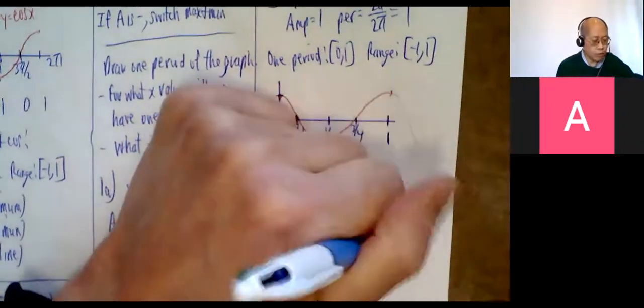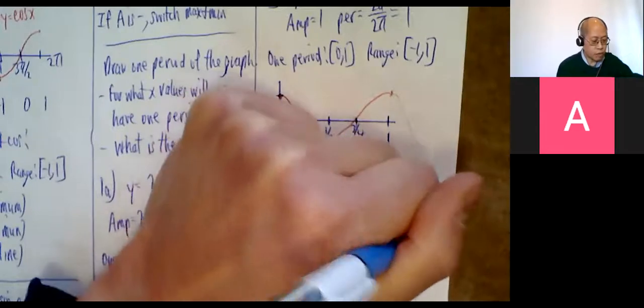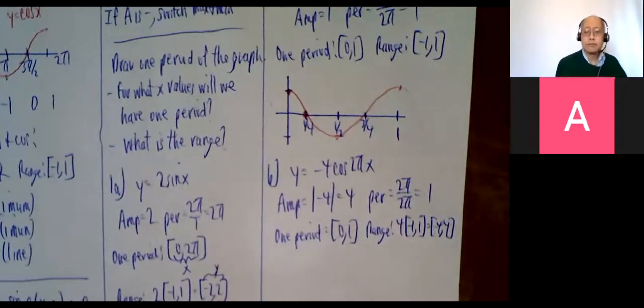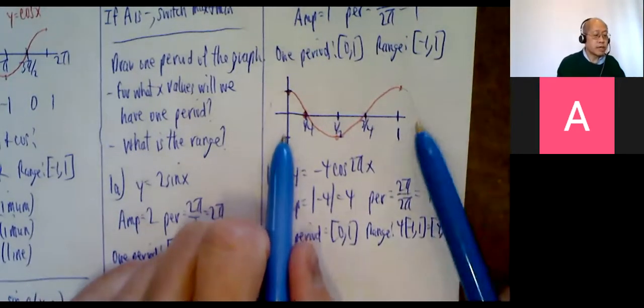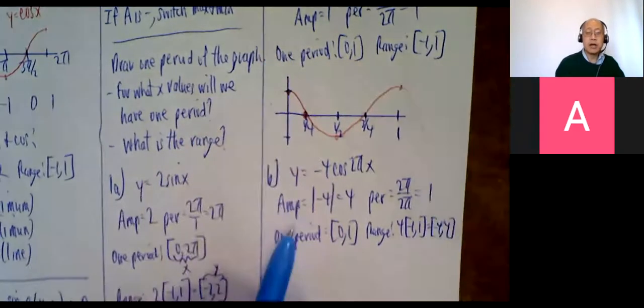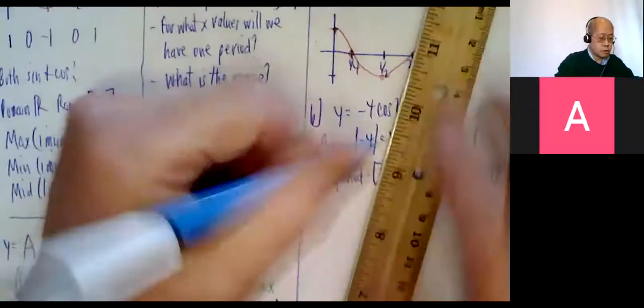I multiply it by 4. It's 4 times -1 to 1, which is -4 to 4. So one period is still going to go from 0 to 1, but this thing goes higher and lower between -4 and 4.